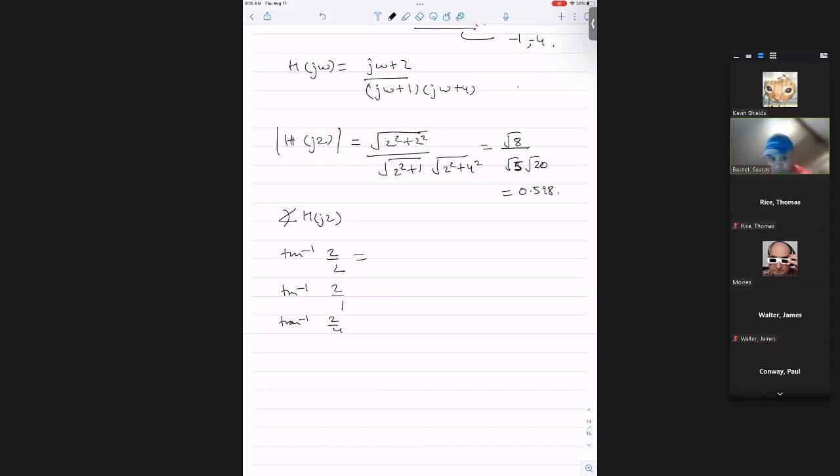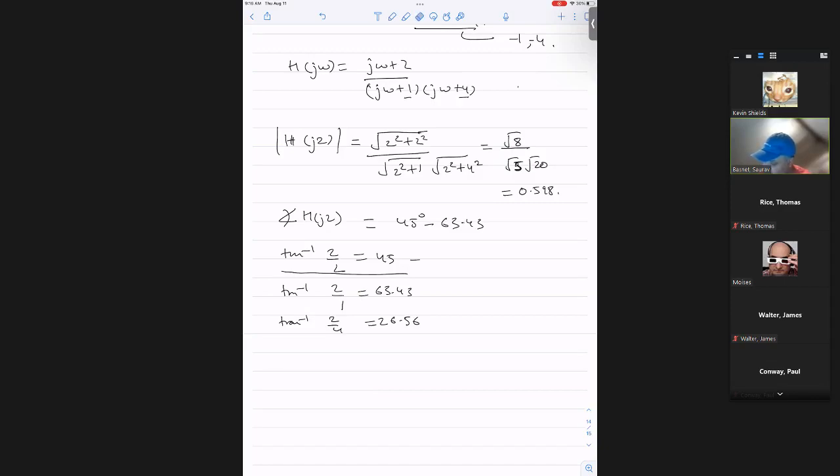So this is 45, this is 63.43, and this is 26.56. This is on the numerator, so it is 45 degrees minus the denominator, 1 and 4, so minus 63.43.